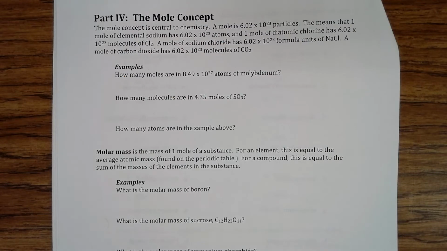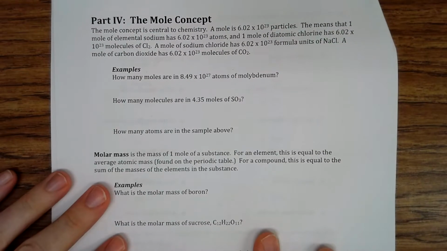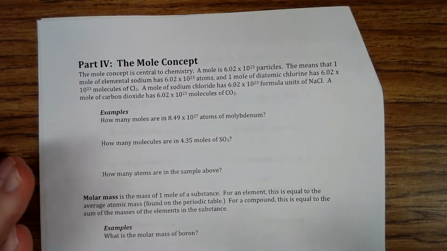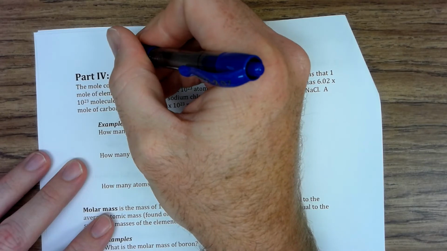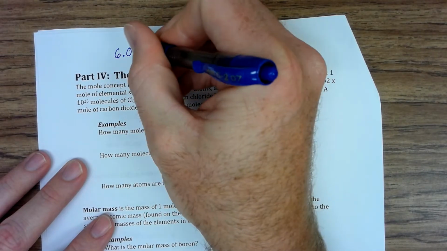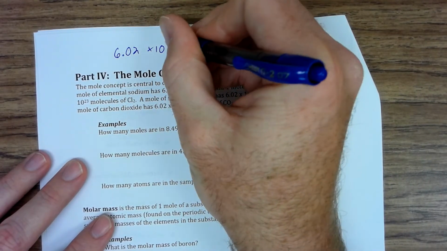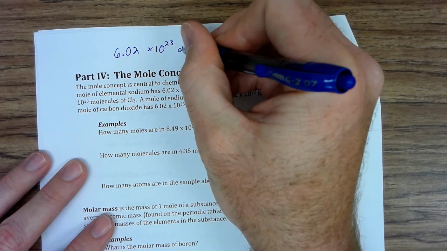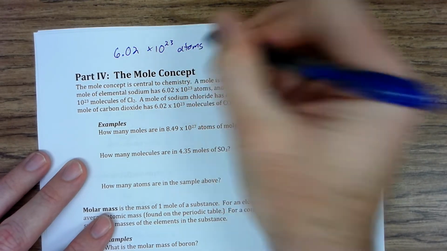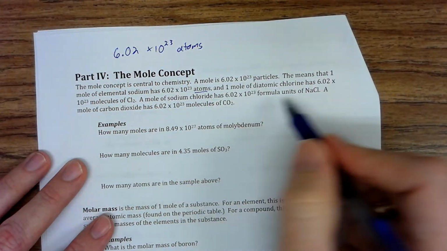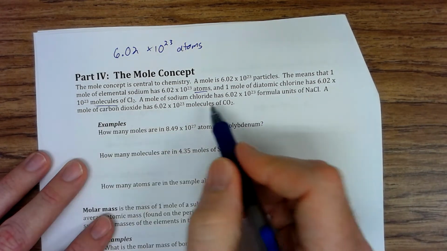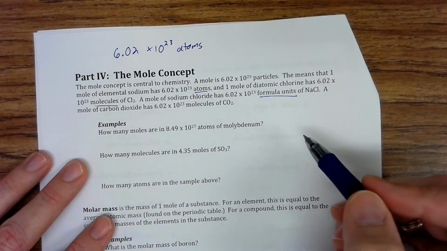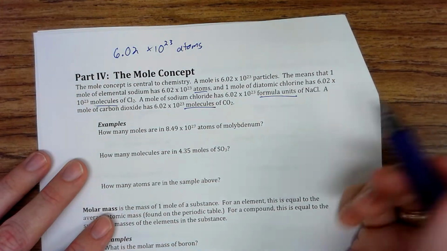All right, so remember that the mole concept is just telling you how we group atoms together. Now, remember that we have Avogadro's number, right? And that is 6.02 times 10 to the 23rd, either atoms, like it says right here, or diatomic chlorine molecules, formula units, or also molecules as well.